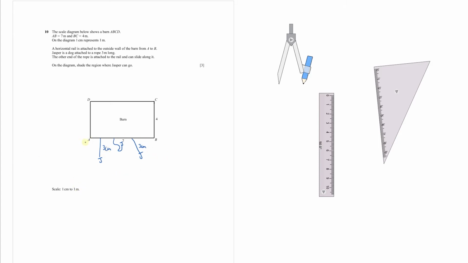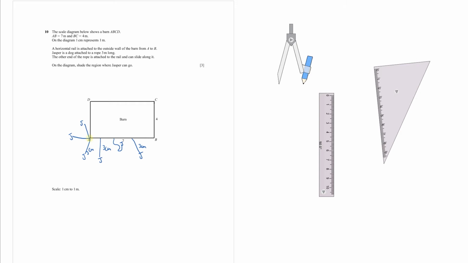But what happens when the dog reaches this end point here at A? So if this is A, this dog can be 3 centimeters in this direction, or it can also be 3 centimeters in this direction, or it can also go 3 centimeters in this direction. So this is the final point on the rail. So that means it will be 3 centimeters away from this point A.